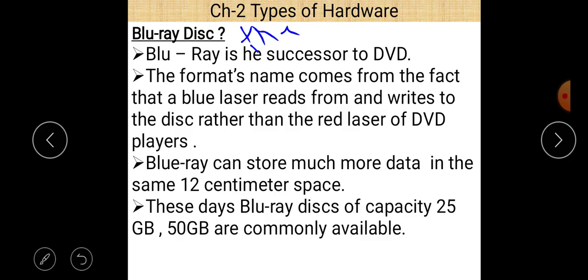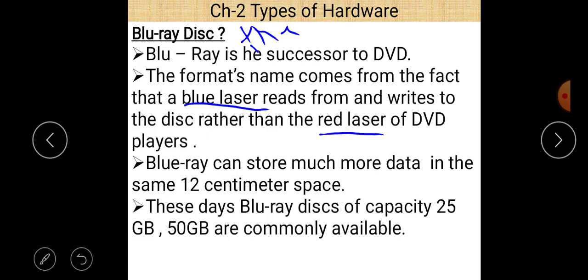The density of data is much higher as compared to the DVD. As far as the concept is concerned, a blue laser is used in Blu-ray disc, while in DVD a red laser is used to read and write the data. That is the difference between Blu-ray disc and DVD.